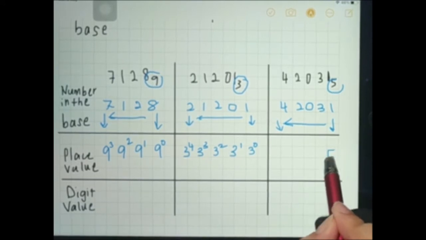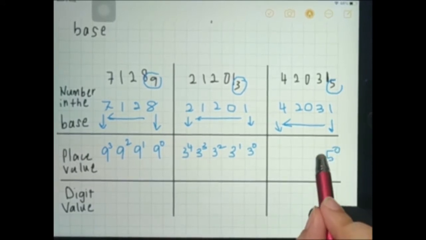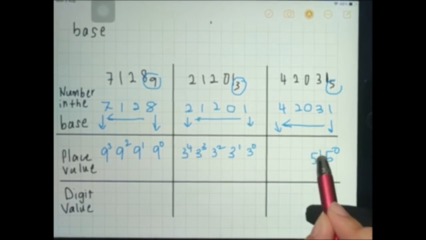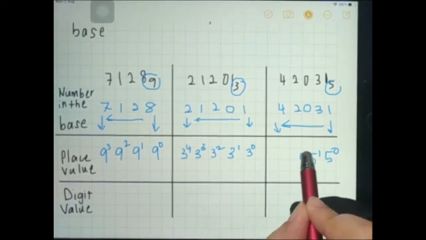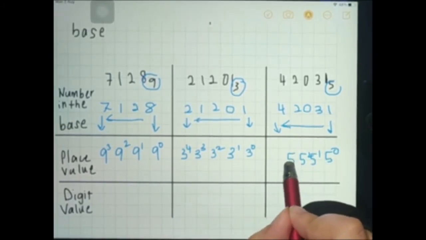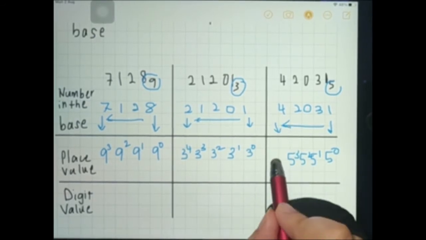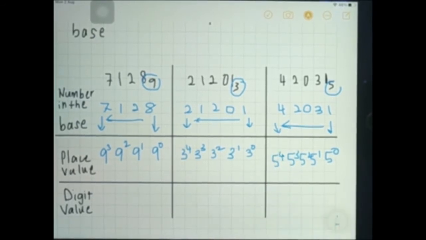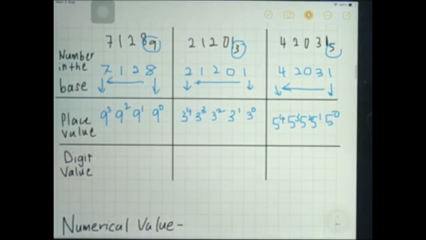So 1 is 5 to the power of 0. 3 is 5 to the power of 1. 0 is 5 to the power of 2. 2 is 5 to the power of 3. And 4 is 5 to the power of 4. We do this in order to find a particular digit value or the numerical value. The numerical value I will explain after this.